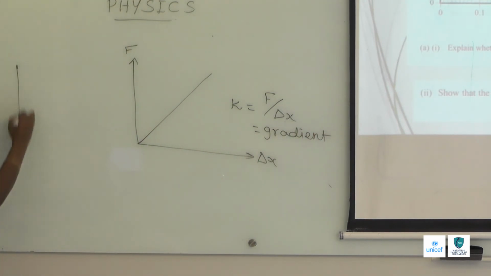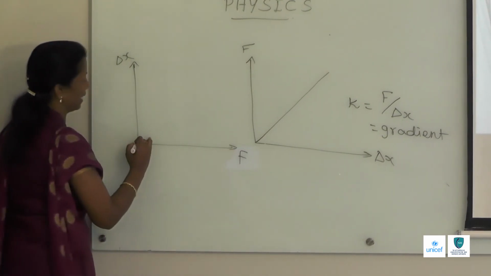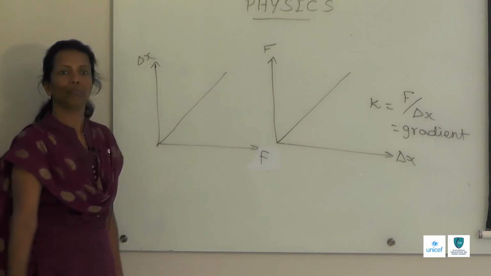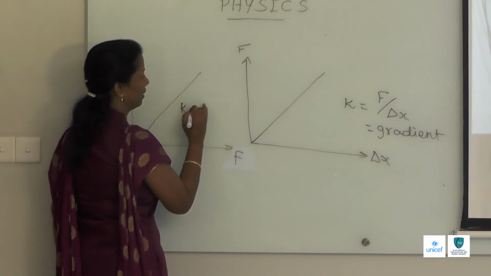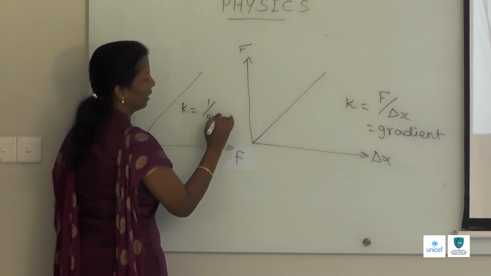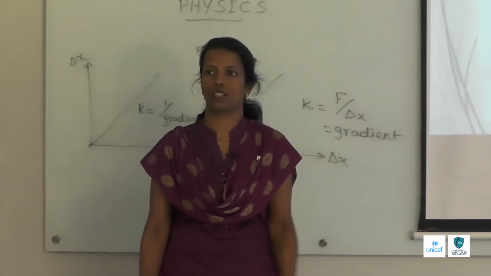But if I draw a graph of extension against force, once again it is a straight line passing through the origin. But how do I find out k from this? k is definitely 1 divided by the gradient. The reciprocal of the gradient will be the stiffness constant.